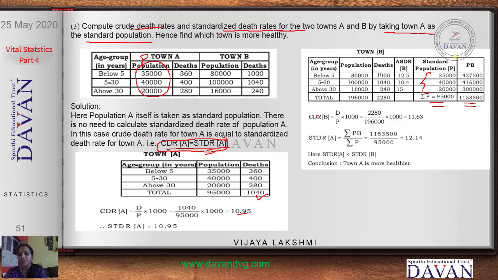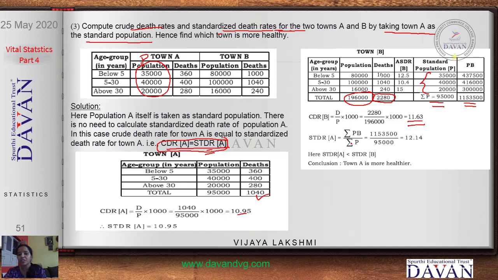For this table also we have to calculate the CDR. So CDR of B is equal to total deaths by total population into 1000. The total death in town B is 2280, divided by 1,96,000 into 1000, which is 11.36.